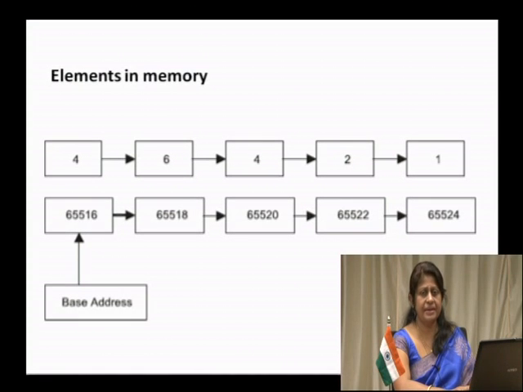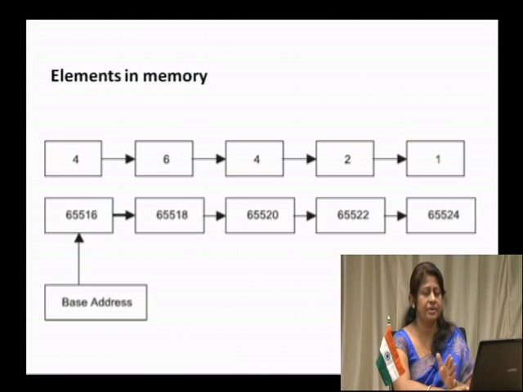Another similar example where we have a set of integers which is stored, that is these set of integers are 4, 6, 4, 2, 1. So, it is a 5 element array, and the address allocated for this array is suppose 65516, that is the starting address of the array. So, subsequently the array elements will be allocated with new addresses.